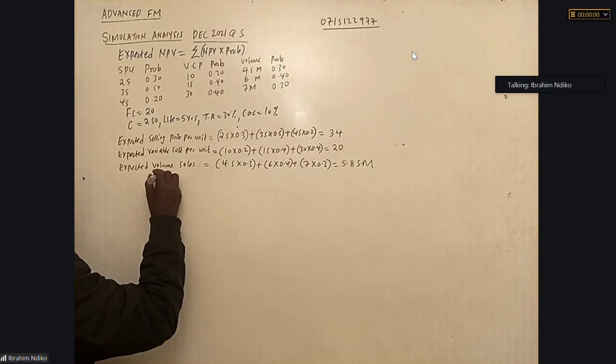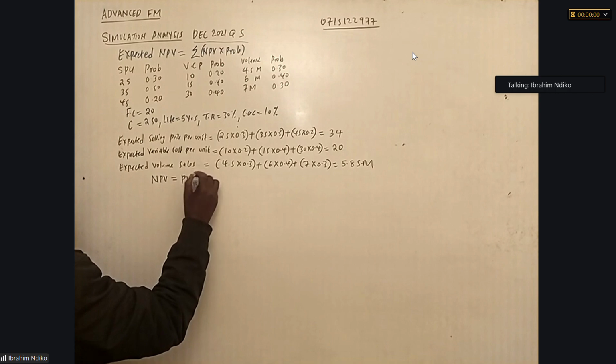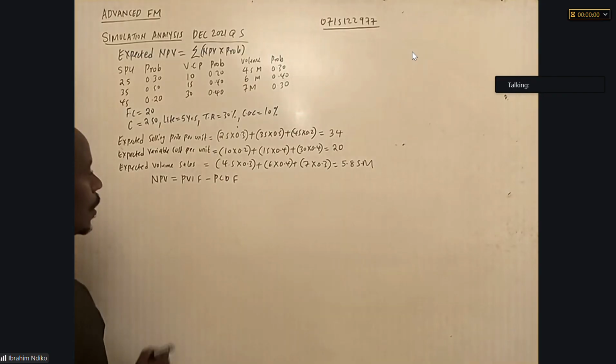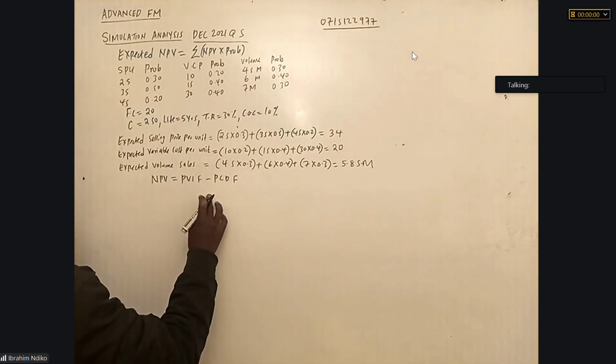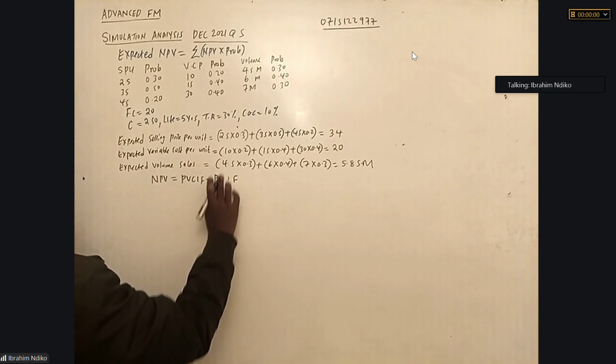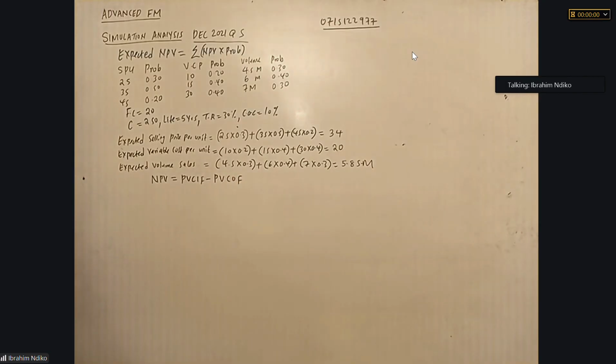Now, NPV we say is the present value interest factor times cash inflow minus the present value of cash outflow. Is that correct?